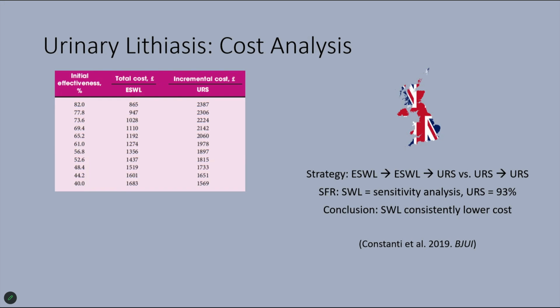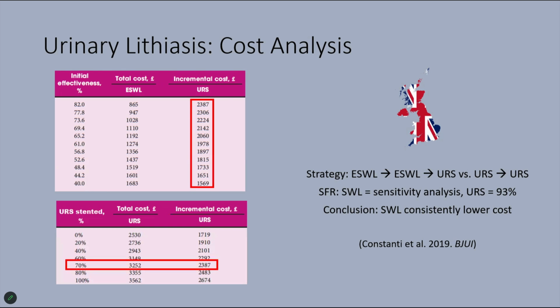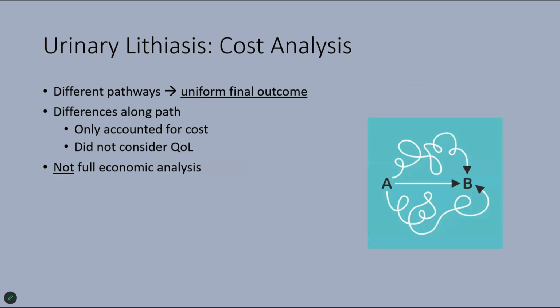Meanwhile, Constanti et al. favored trying shockwave lithotripsy again if it initially failed, and they took their base clinical parameters from the systematic review. They also performed a sensitivity analysis, finding that SWL was less expensive across stone-free rates and across ureteroscopy stenting practices.